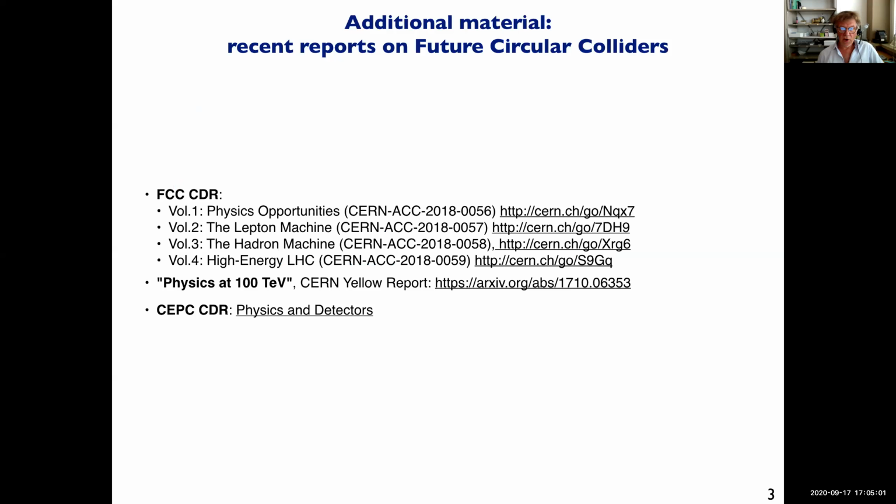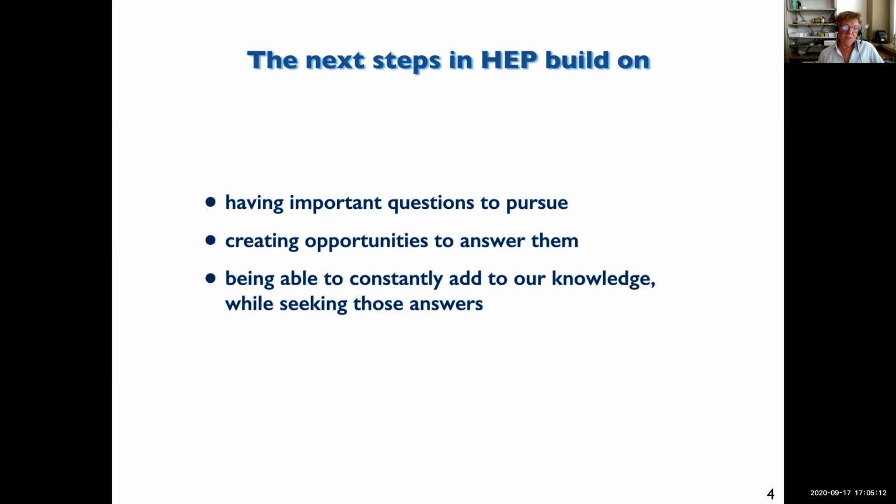So I collect here some references to where you can get more details on the physics of the FCC. And let me start by just putting the project in perspective. A question that is often asked is why do we need another collider? We saw the Higgs, we're done.